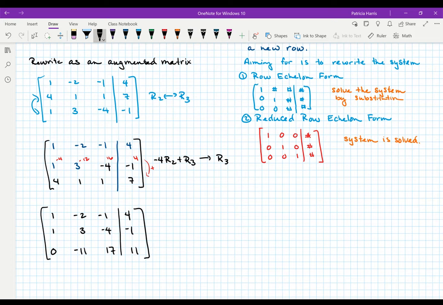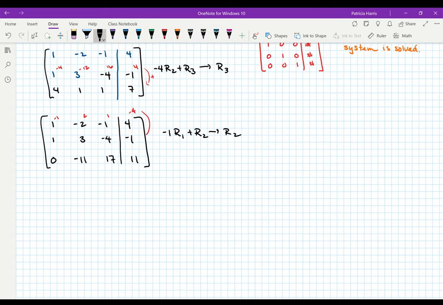All right, so now I like to build zeros first. So now what I want is to make a new row 2. So I'm going to take row 1, multiply it by a -1, and then add it to row 2 to get a new row 2. So 1, 2. That, and then add down.